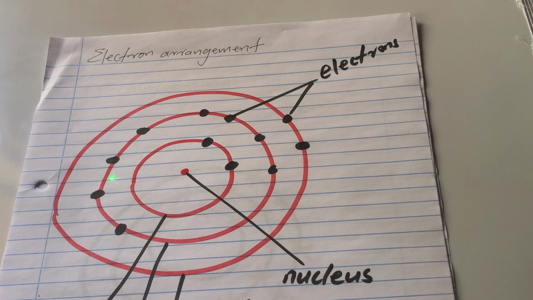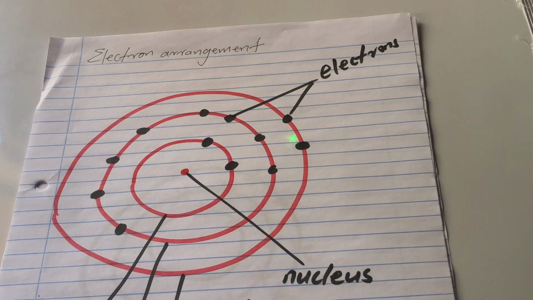You cannot put more than 8, like what I've done here, 1, 2, 3, 4, 5, 6, 7, 8. Even the third one requires 8. But if you don't have 8, the remaining ones will be filled in this one, like what had happened here, I have 2 electrons only.